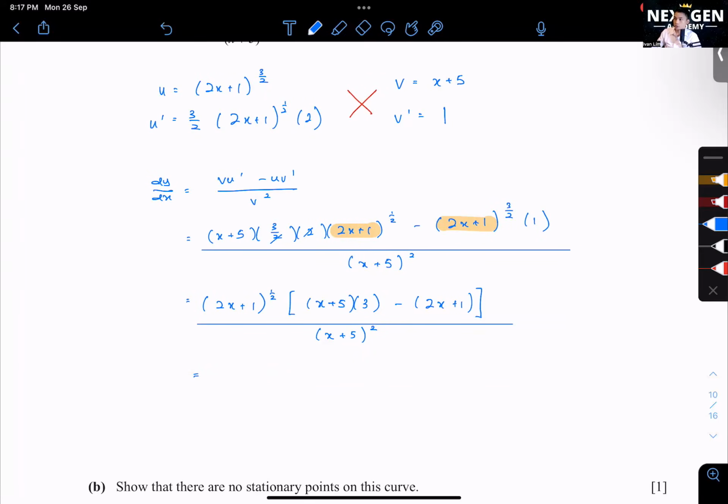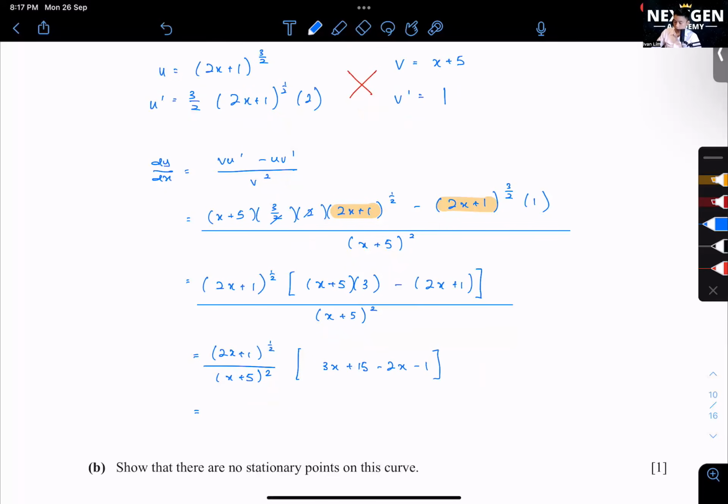Simplify whatever is in the bracket. (2x plus 1) to the power of 1 over 2 over (x plus 5) squared, whatever is in the bracket: 3x plus 15 minus 2x minus 1.